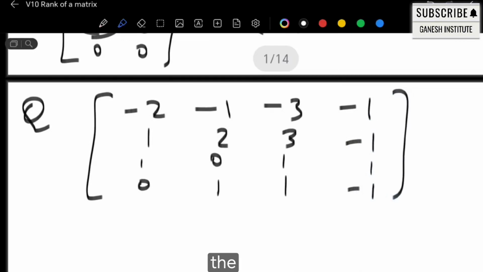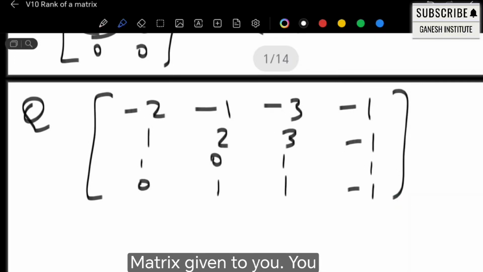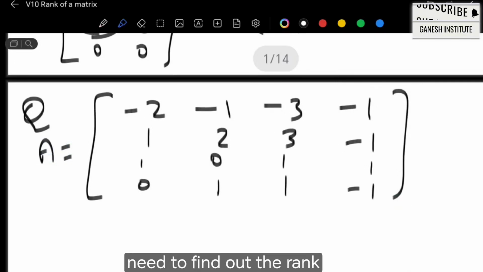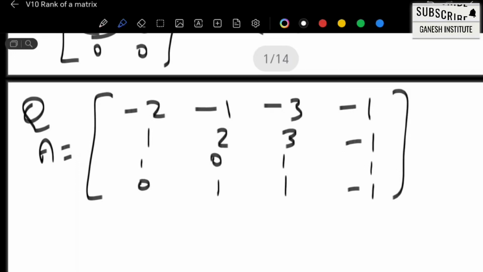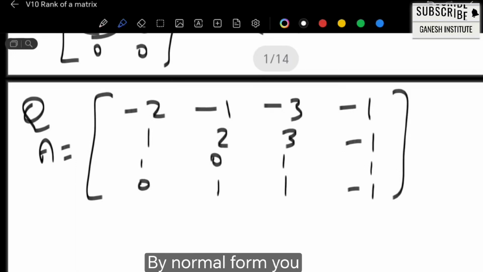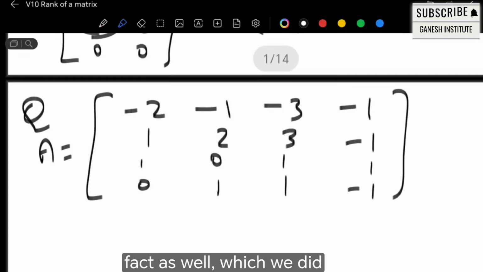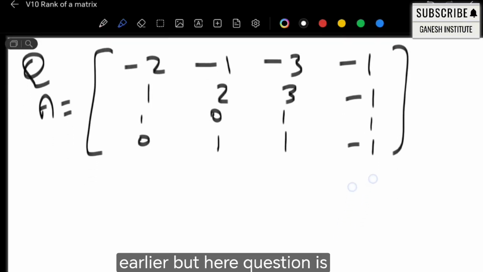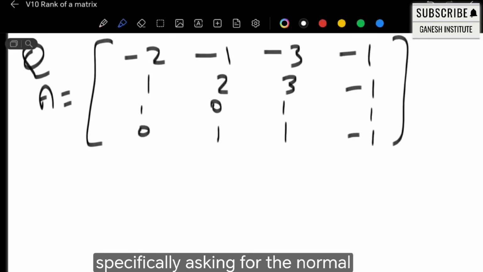This is the matrix given to you. You need to find out the rank by normal form. You could have applied minor fact as well, which we did earlier. But here question is specifically asking for the normal form.